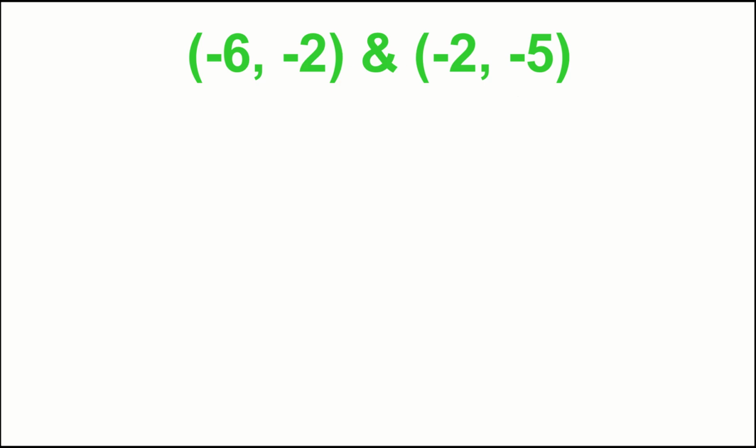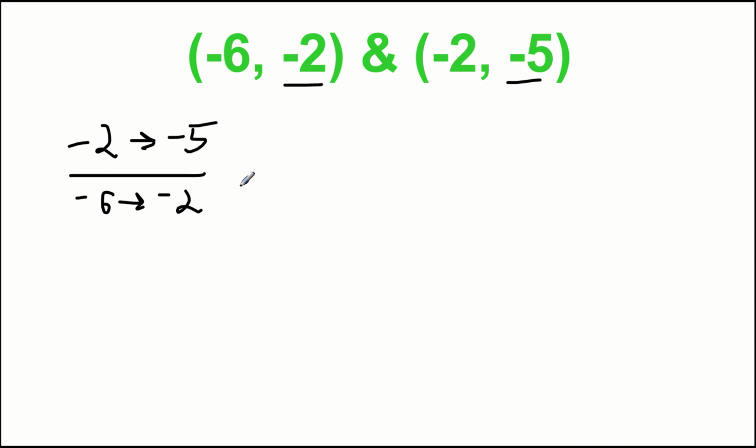All right, so then a negative to a negative. Change in y. Y values are going from negative 2 to negative 5. X values from negative 6 to negative 2. The tricky part with this is sometimes remembering whether it's increasing or decreasing.